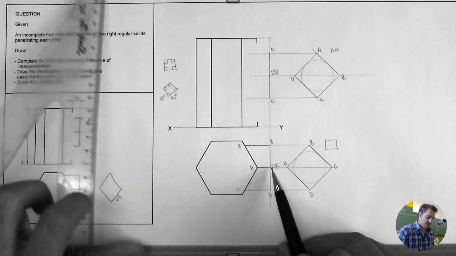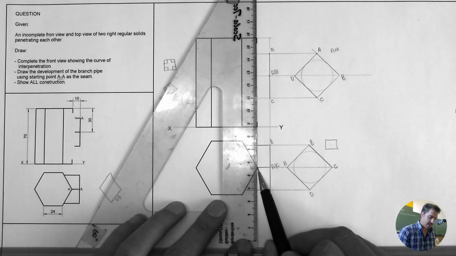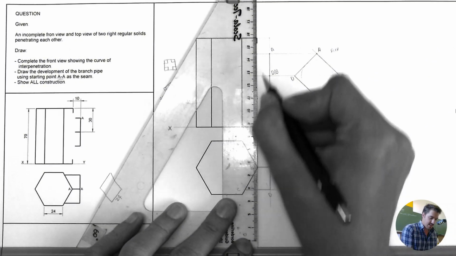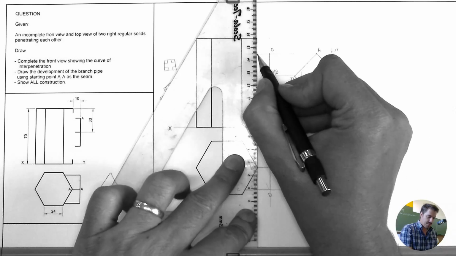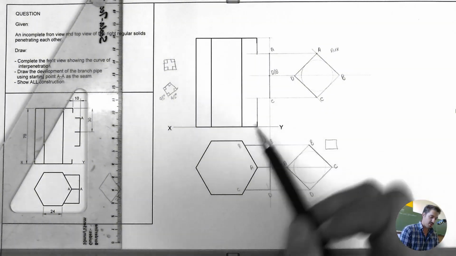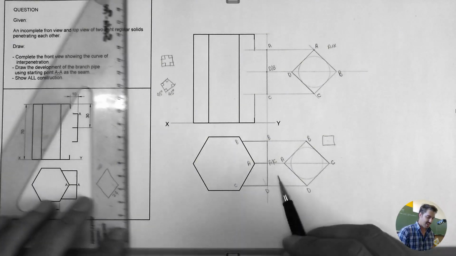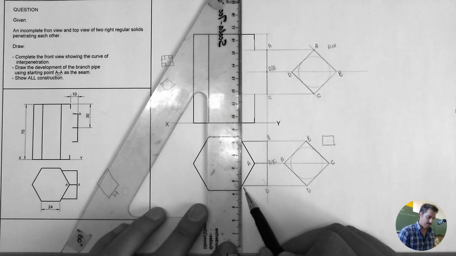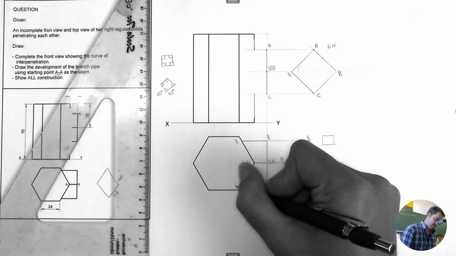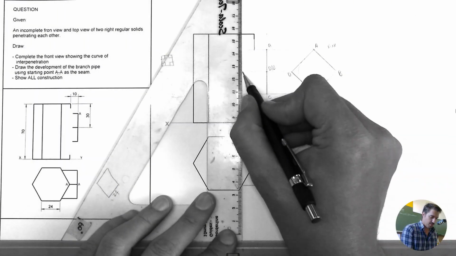So for instance, this is where I have A and C. So if I take on the main pipe a 90-degree angle, vertical line, on A and C, it means there's C, and there's A. So I know 100% that this is what I'm going to see when you look at A and C. For points B and D, sorry, why did I label the C? B and D, sorry about that. So B and D, if you line them up, it goes onto point B and D in the middle here.